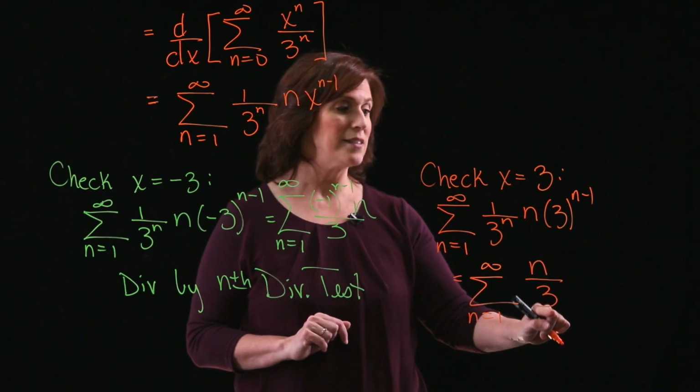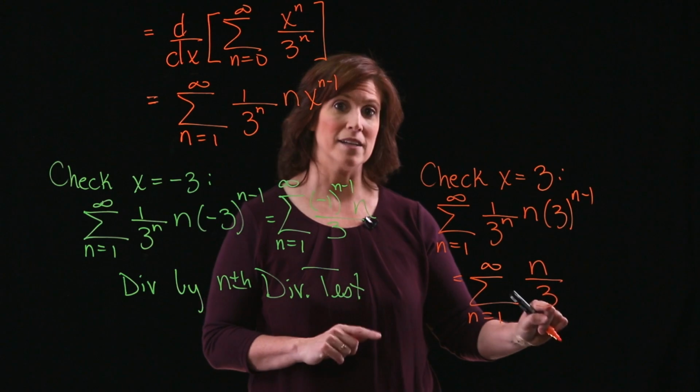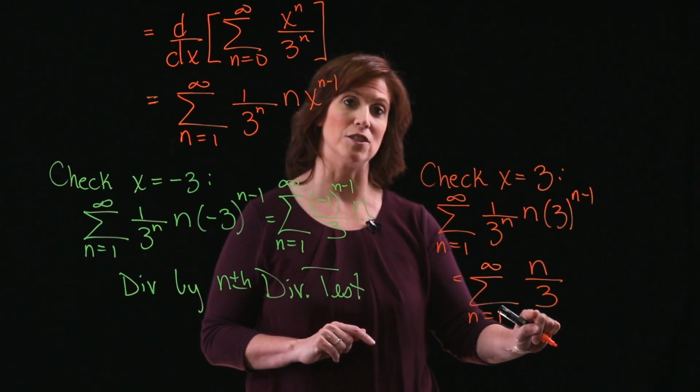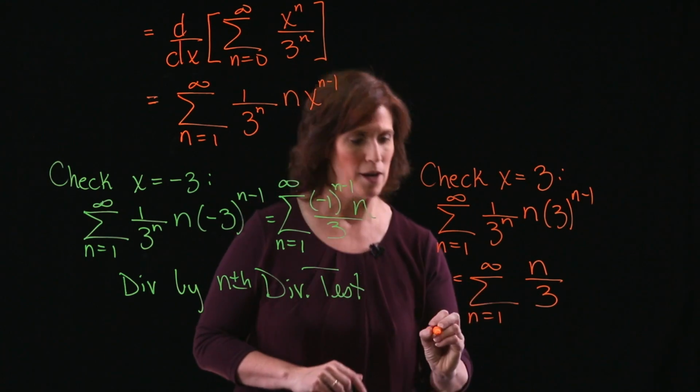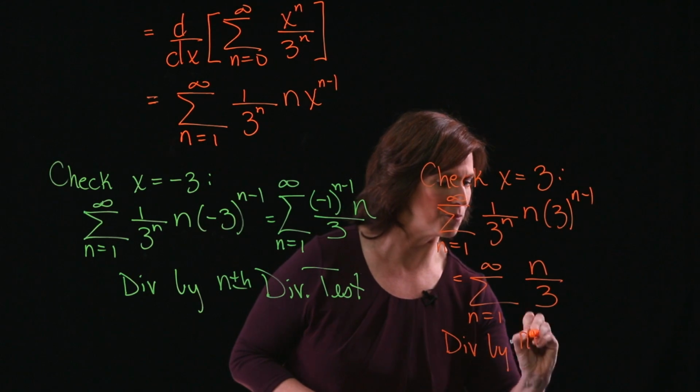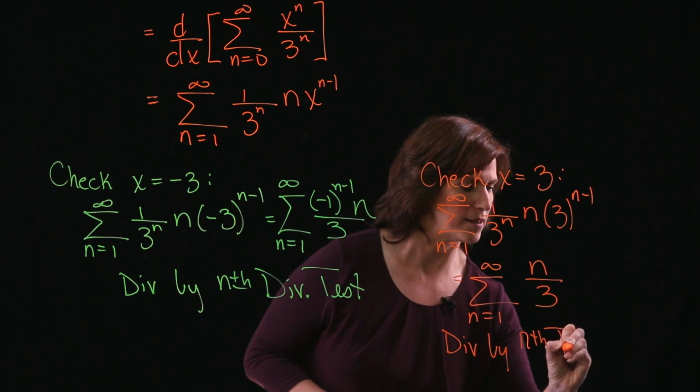This particular series also diverges because if I take the limit as n approaches infinity of each of those terms, I don't get 0. So it diverges by the nth term divergence test.